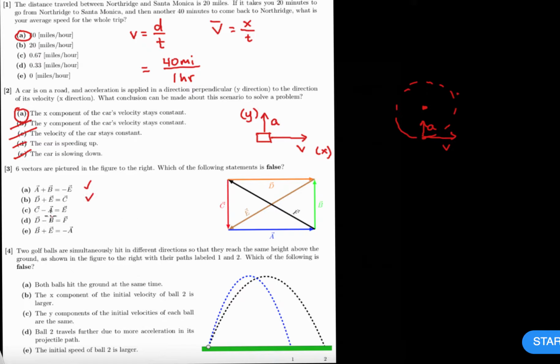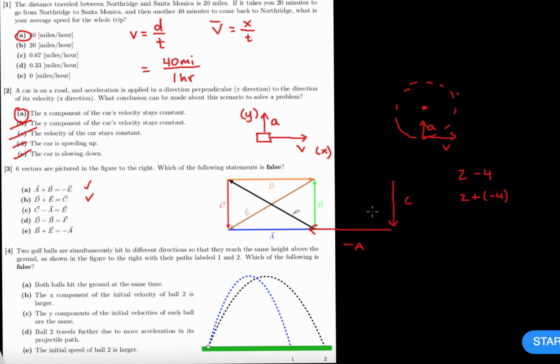This is good. C minus A. So C minus A would look like this. Here's C, and if A goes this way, negative A goes the other way. So this is C, and this would be negative A. So C plus negative A is the same thing as C minus A, like 2 minus 4 is the same thing as 2 plus negative 4.